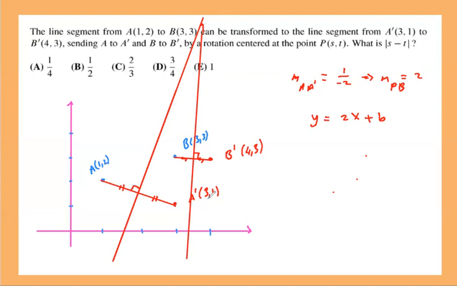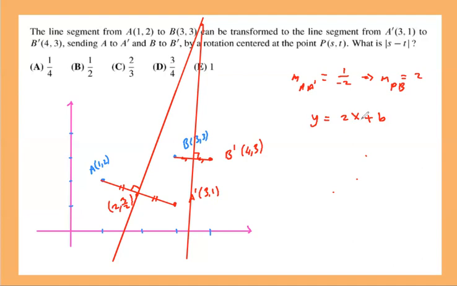That would be the average of the x's: 1 and 3 add up to 4, so 2 for the x coordinate. And 2 plus 1 is 3, so 3 over 2. So the midpoint is (2, 3/2).